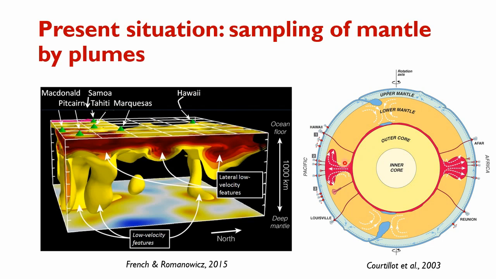For other plume ocean island basalts, the situation is maybe less clear and we're not sure of where it comes from, but it just comes from deep in any case. So it samples the deep mantle. And so that's what we're going to focus on, all these mantle plume volcanics.